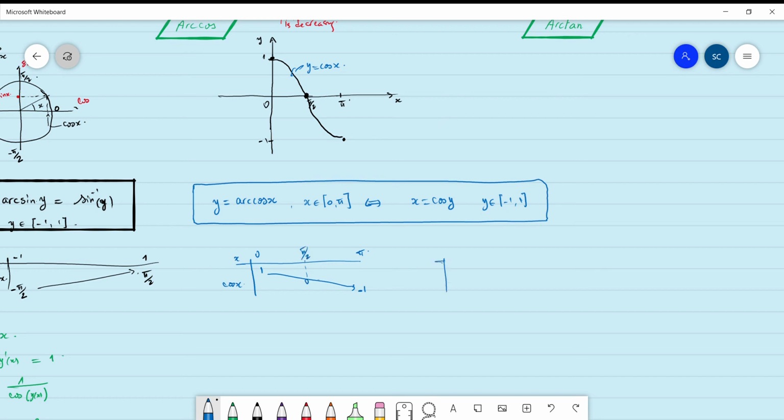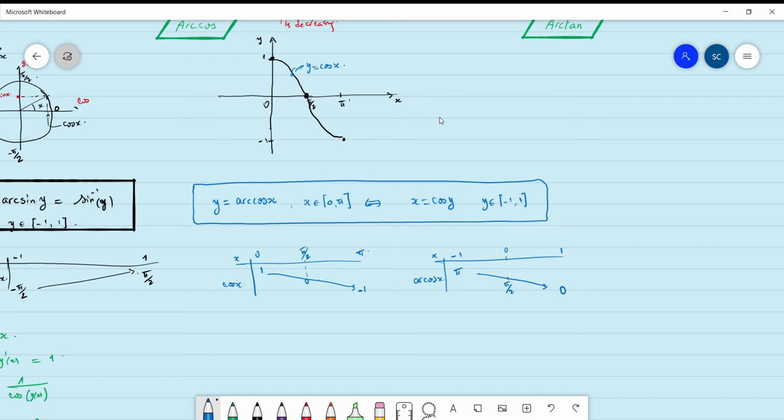So for the arc cosine, arc cosine x is defined from -1 to 1. It is a decreasing function, takes the value pi at -1, the angle pi over 2 at 0, and 0 at 1. So this is a decreasing function.